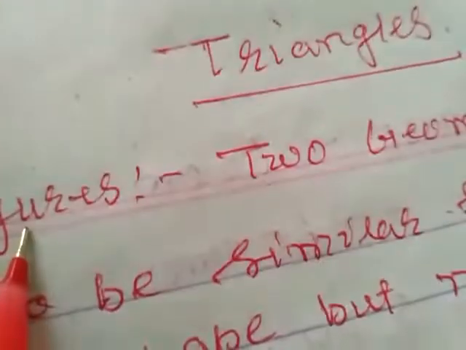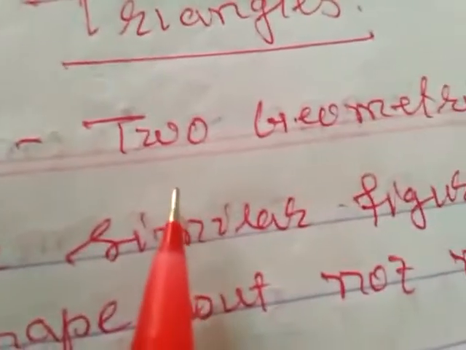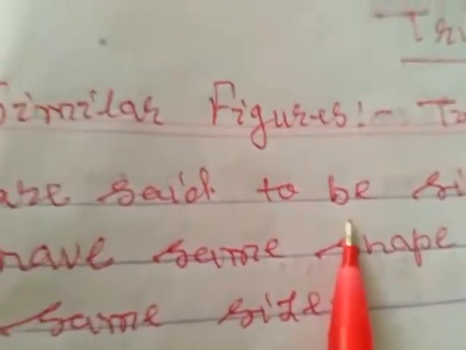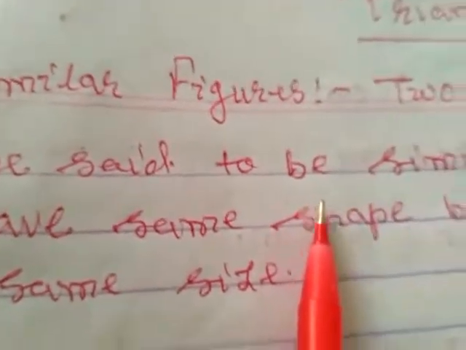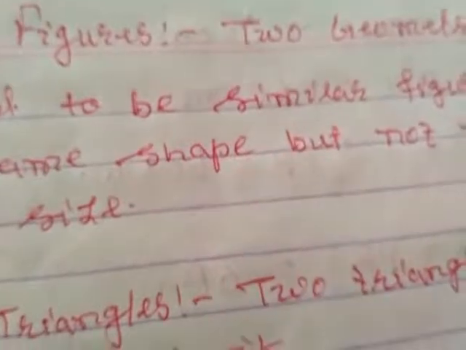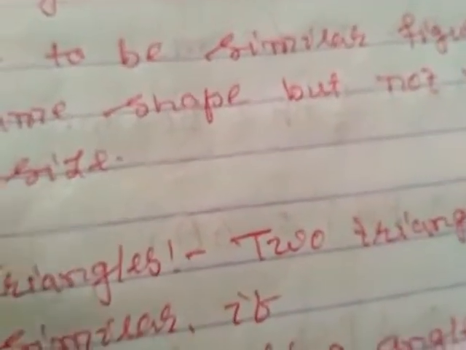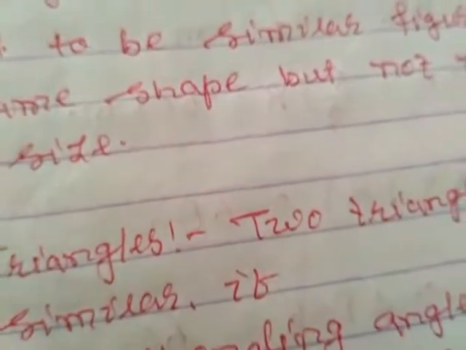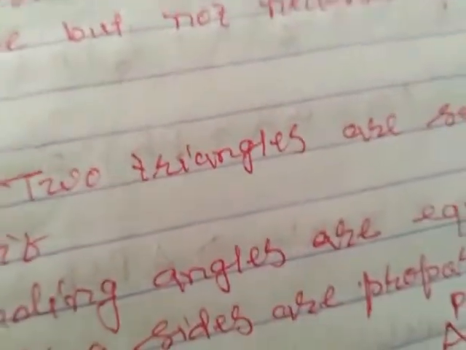Similar figures: two geometrical figures are said to be similar figures if they have the same shape but not necessarily the same size.